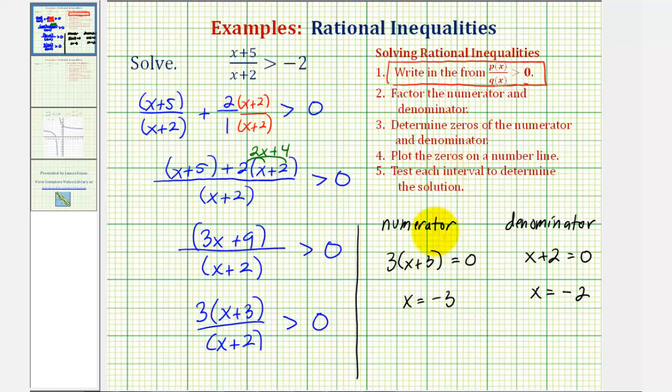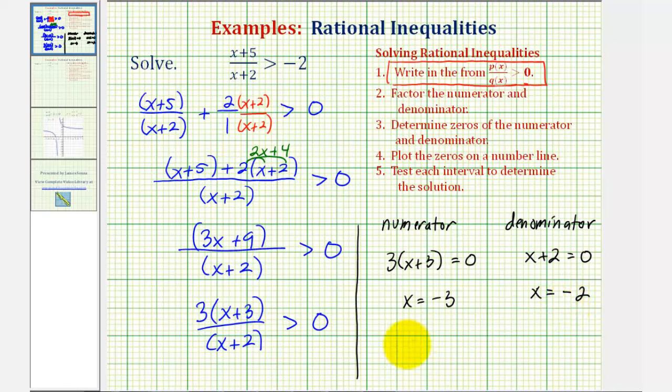But when plotting the values on the number line, the zeros of the numerator will be either open points or closed points based upon the original inequality symbol. Notice here we have a greater than symbol, which means we'll make an open point at x equals negative 3. If this was greater than or equal to, then we would make a closed point at negative 3. But the zeros of the denominator will always be open points because these are the values where we would have division by 0, and therefore these values must always be excluded from the solution.